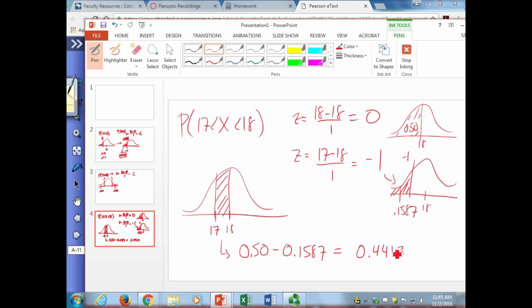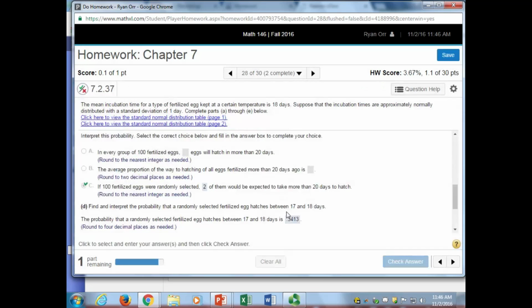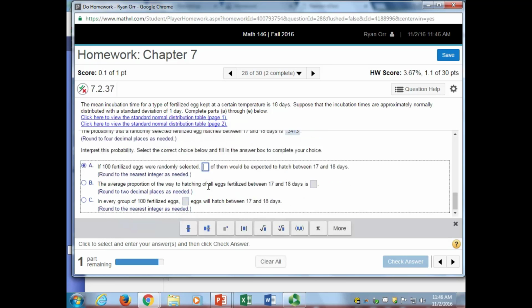Or is it 0.3413? Okay, yeah, 3 sounds good to me. 0.3413. Okay, cool. And then I think they're going to ask the same question. If 100 fertilized eggs were selected, approximately how many of them? Well, 34% of those 100 would be 34 of them.